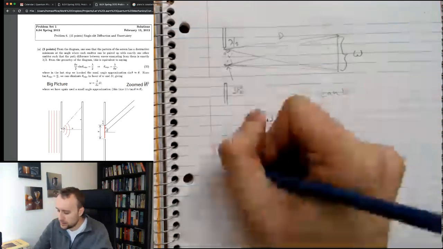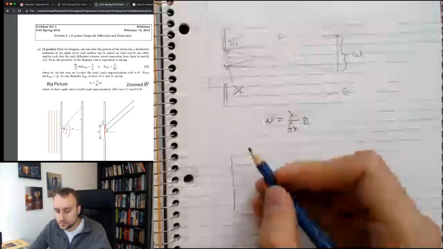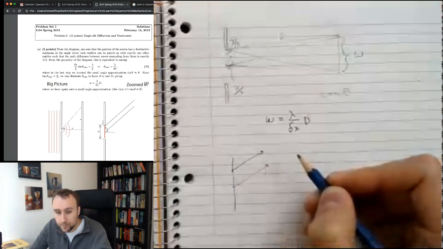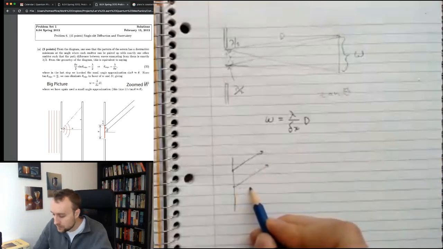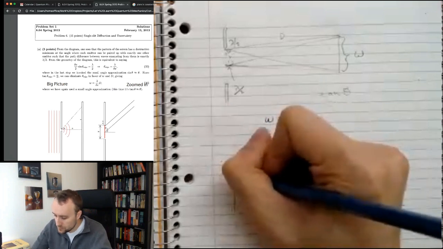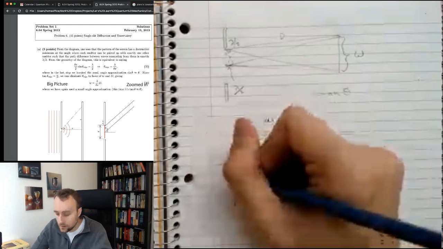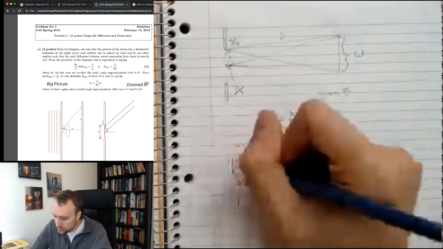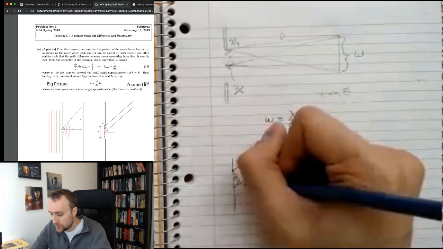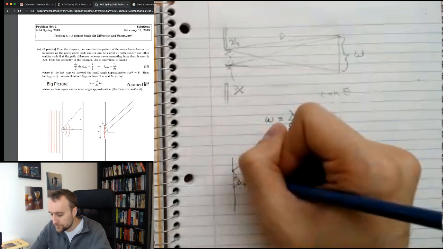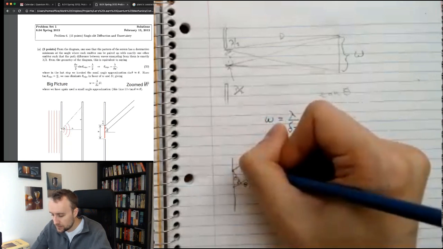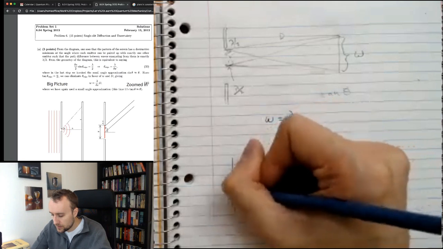So if we draw it like this, and we have this way, this way, then how does this add up to? This adds up to, because this is going to be 90 minus theta, and then this theta.